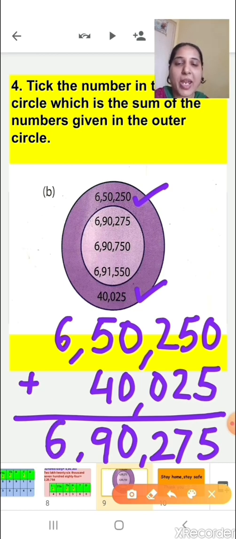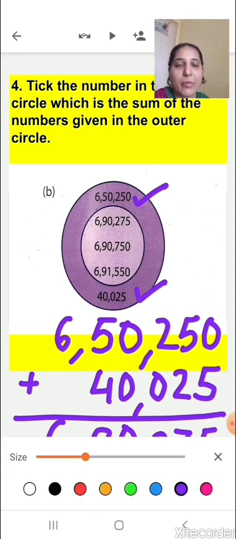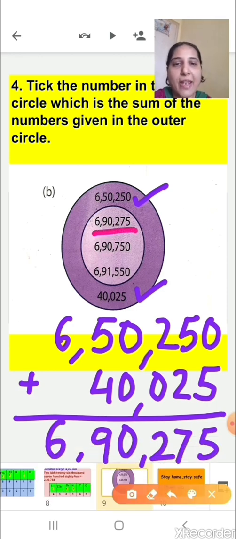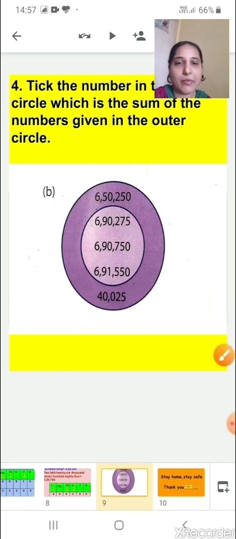So answer should be, answer is 6,90,275. So can you tell me which is the correct answer? Can you tell me? Yes, this one, 6,90,275. So we will take this one. Understand? So this was the answer, 6,90,275.